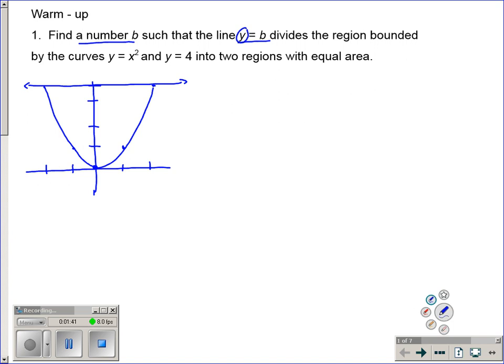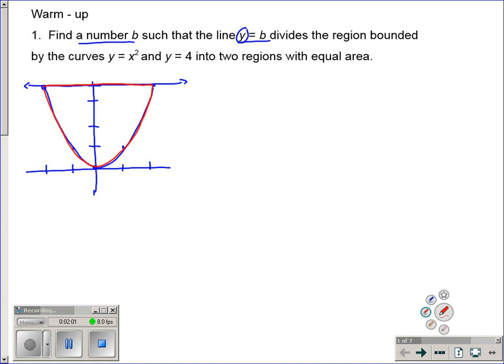Now, if I'm talking about the area bounded by this, I'm talking about the area of this shape right here that I'm going to outline in red. So it looks like this, right? I'm talking about this area here. Now, I'm trying to find some number b, and I'm going to take a guess.